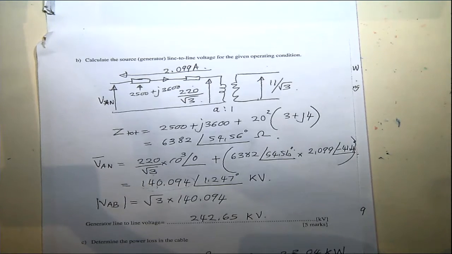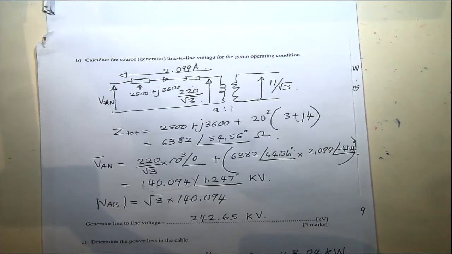If you consider the no load condition, there's no voltage drop across this one. So let's say if you have the transformer like this, on this side 11 kilovolt, and on this side it will be 220.